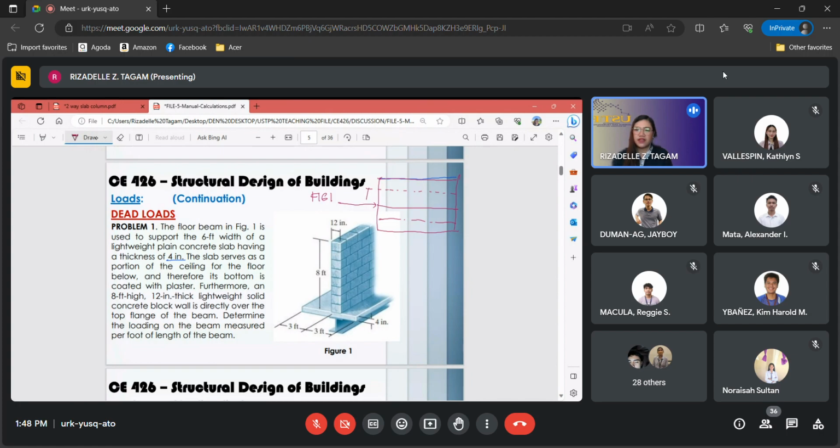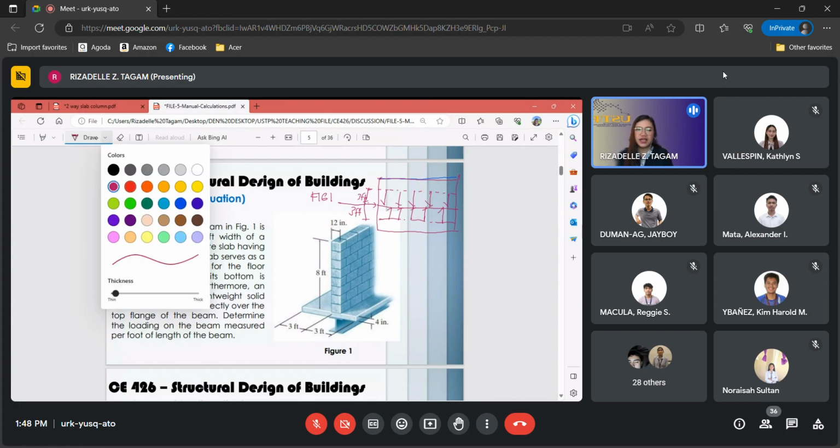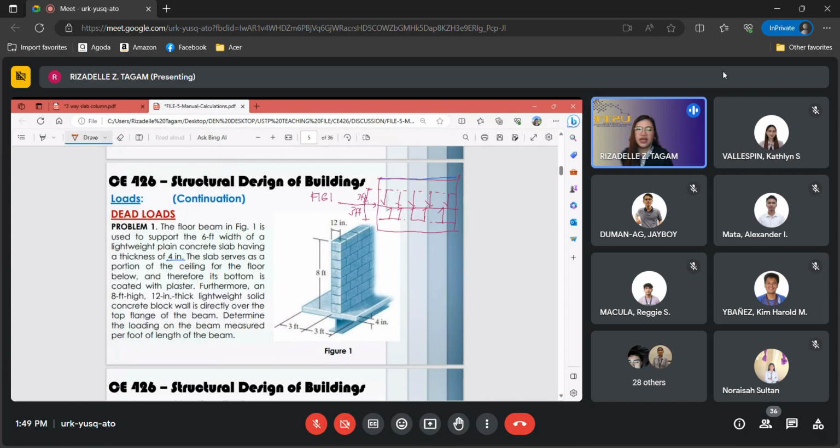This is 3 feet, and this is also 3 feet. So it is placed on the beam, and the load is transferred to the beam. And the property there is a lightweight plain concrete slab with a thickness of 4 inches.